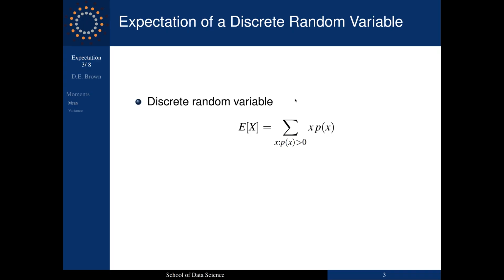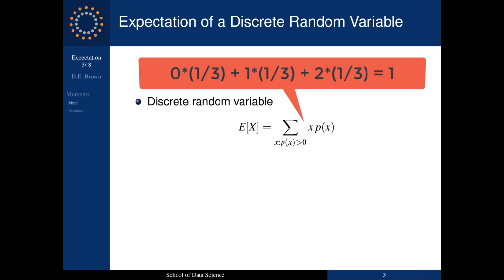For example, if we have a random variable with three values, 0, 1, and 2, and the probability of each of those values is 1/3, we take the expectation as 0 times 1/3, plus 1 times 1/3, plus 2 times 1/3, which returns a value of 1. So the expected value for that random variable is 1.